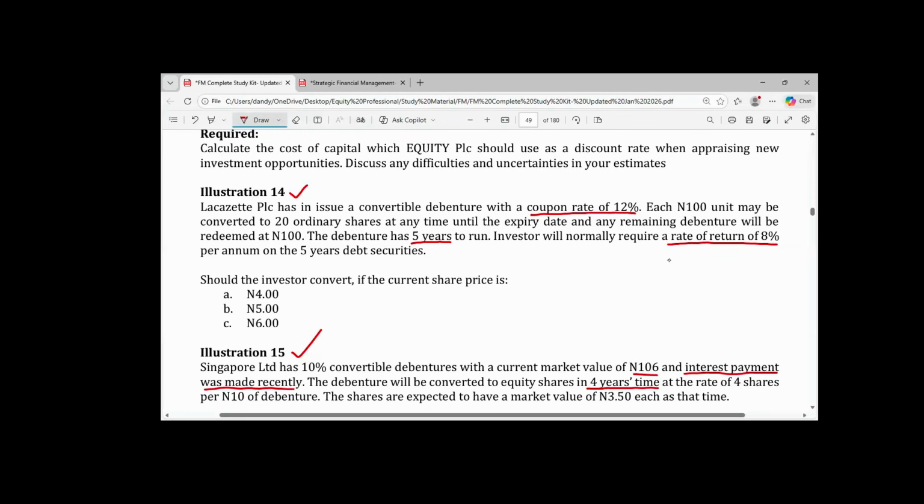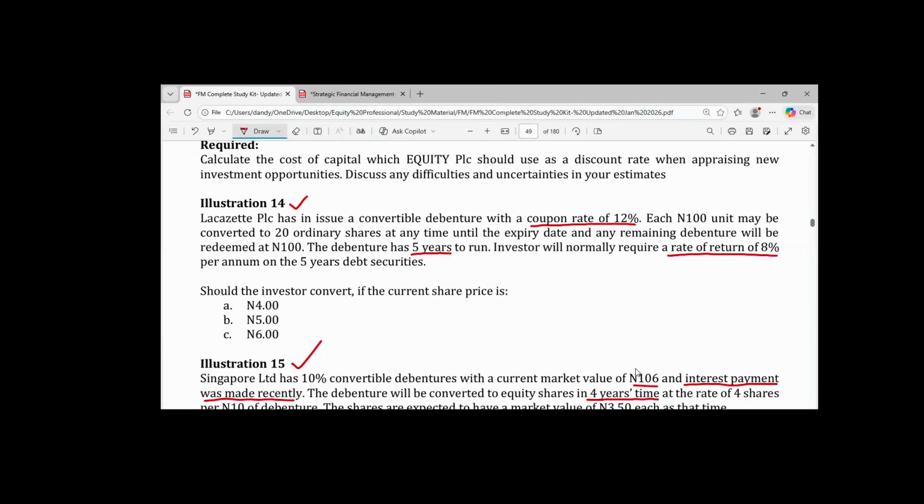So any price at which the conversion value is higher than the redemption value, or higher than the current market value, will be the price at which the investors should convert. That's all you need to do. Quickly, within the next few minutes, let's solve this and that will be end of convertible. Then we'll go to work.